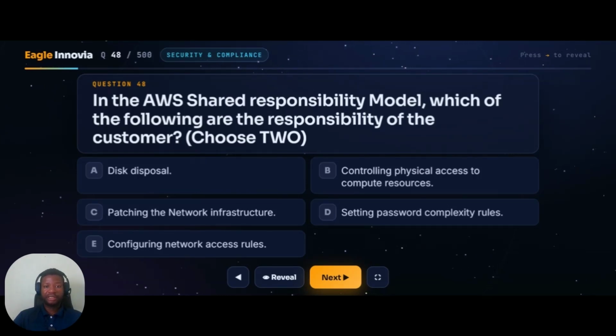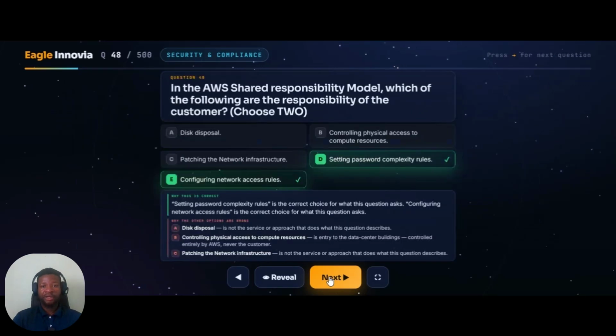The answers are D and E. Setting password complexity rules is definitely the responsibility of the customer. Configuring network access rules is also the responsibility of the customer. Disposing of the disk, which is handling the hardware, and controlling physical access to the compute resources are all AWS responsibilities.